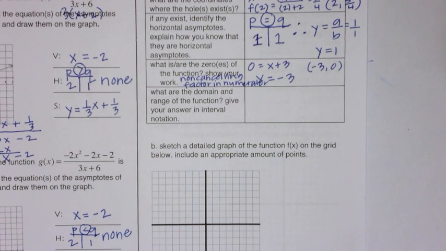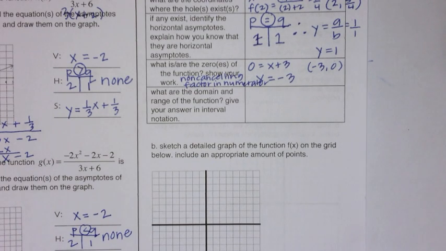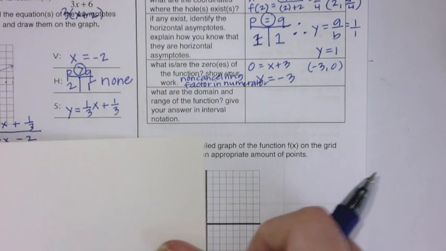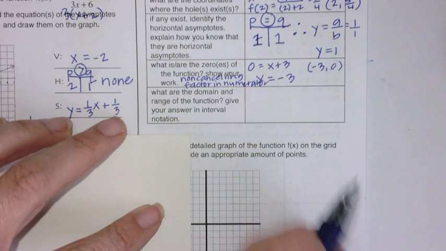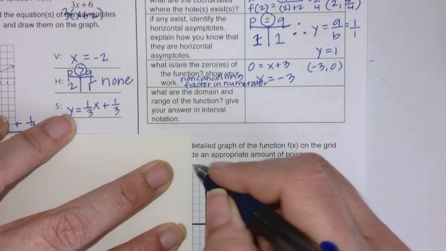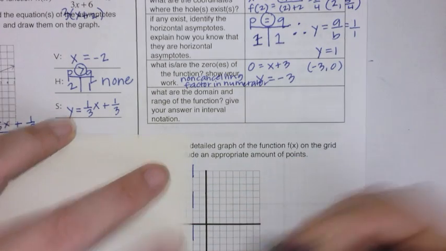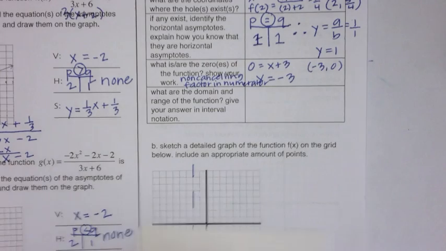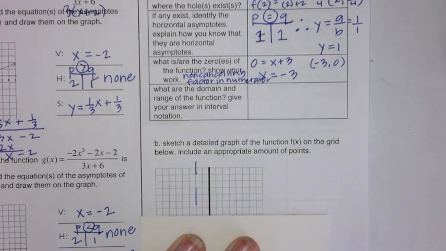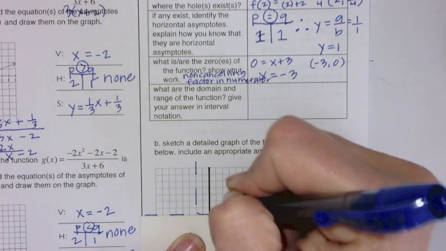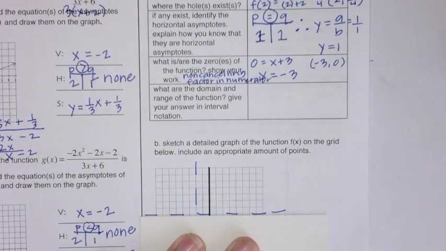It's almost like yesterday. So I have all this. I have negative 2 is my vertical. 1 is my horizontal line.